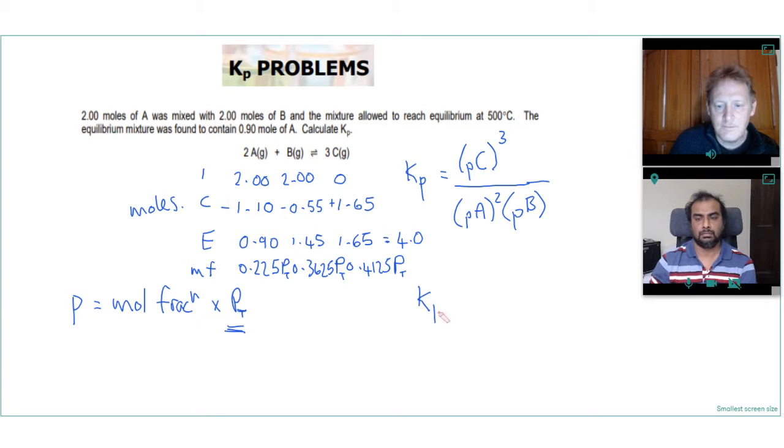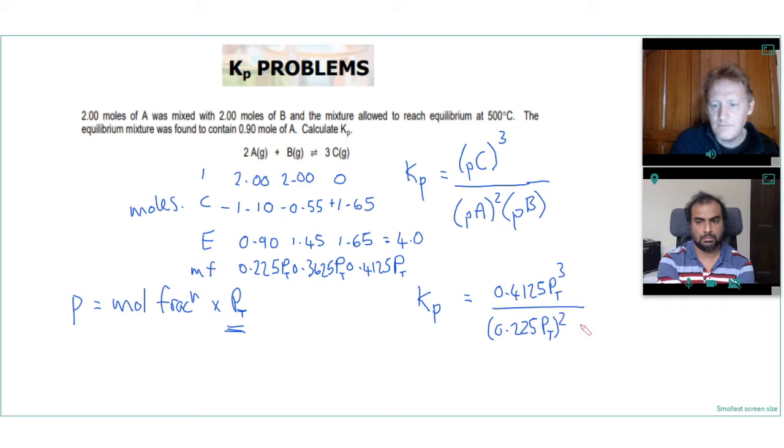So Kp equals the partial pressure of C cubed, so that's 0.4125 times by the total pressure cubed, over partial pressure of A, 0.225, and that's squared, times by 0.3625.